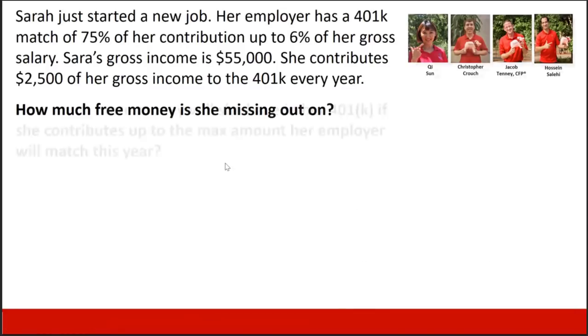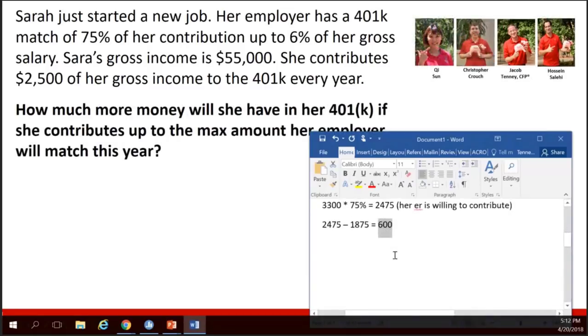Okay, yeah, this is actually the last question. Yeah, thank you, Jacob. All right, so the last question, again, we have the same information, but this one is saying how much more money will she have in her 401k if she contributes up to the max amount her employer will match this year. Okay, so basically, we need to add up her potential contribution.